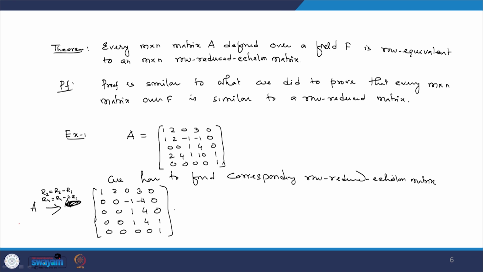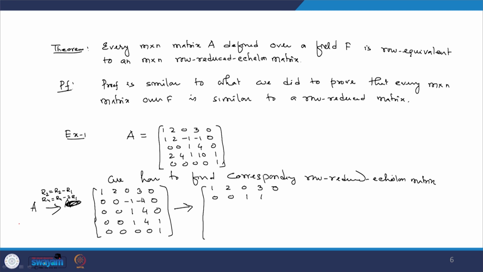Then I see that it still is not a row-reduced matrix even. So for that I have to do another step. The first row I will leave as it is because it is not violating the rules of the definition of the row-reduced echelon form: 1, 2, 0, 3, 0, and the second row I will divide by minus 1.